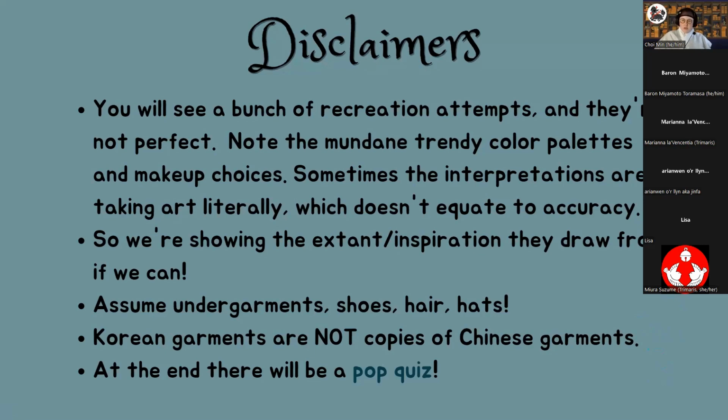And sometimes the interpretations are taking art pieces literally rather than filtering them through a lens of what people would have actually worn. I'm going to show the extant if I have been able to find the extant. And then we can assume undergarments, shoes, hair, and hats because I didn't go into detail on any of those, but there are going to be some pictures of them.